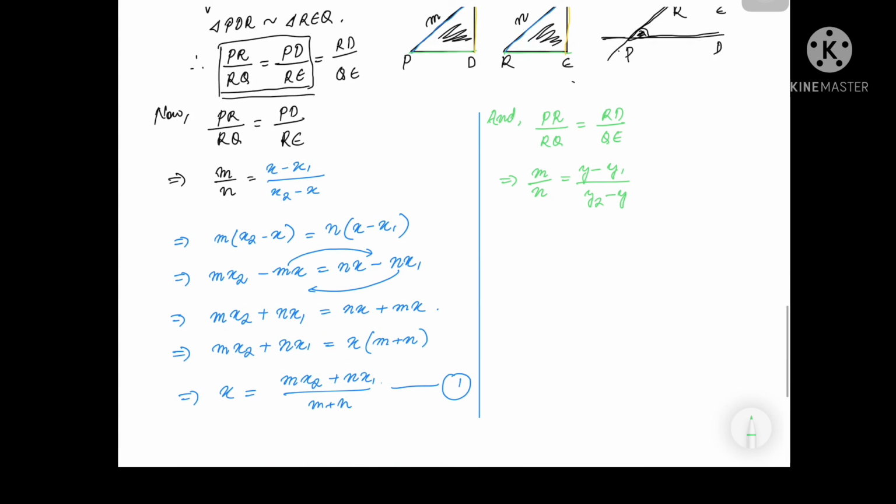Now cross multiply again and we have my2 minus my is equal to ny minus ny1. If we arrange, then we have my plus ny is equal to my2 plus ny1. We have y equal to (my2 plus ny1) divided by (m plus n). Let's say this is equation 2.